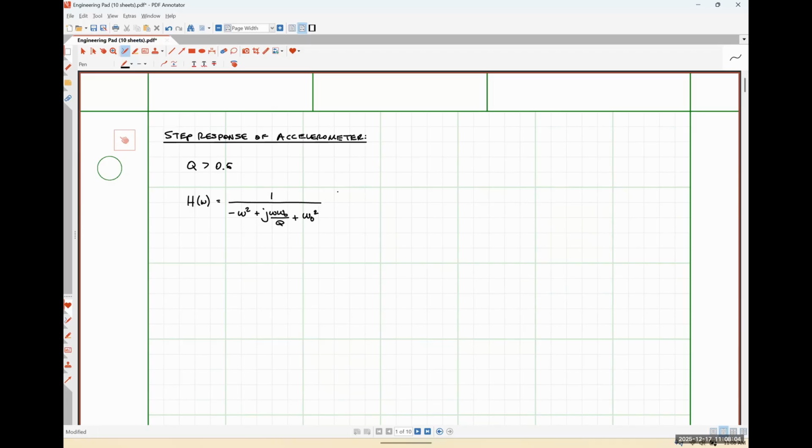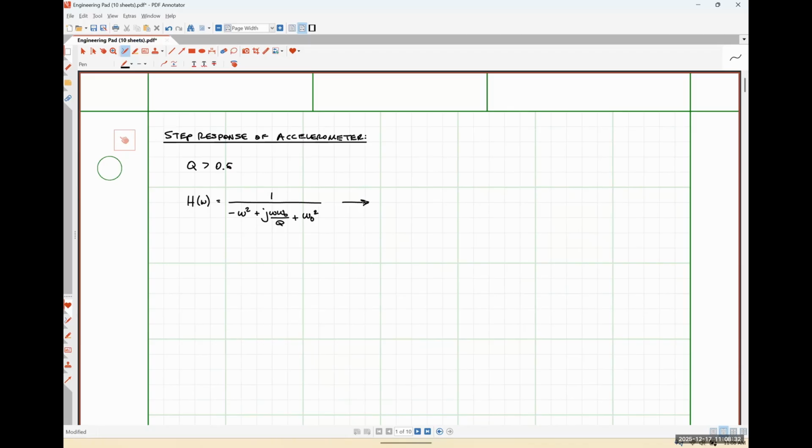And when we're dealing with, hold on, sorry, I'm trying to make sense of this. Well, the long and short of this is that for the situation where Q is greater than 0.5, this denominator is actually going to have complex conjugates.